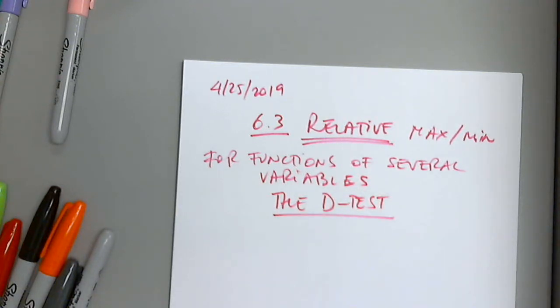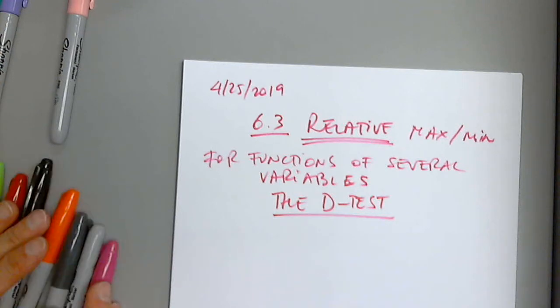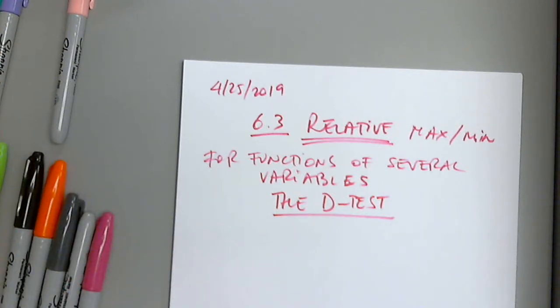And this is going to be the last topic of this course. And we're going to slowly go over the steps of the D test. So let's start with the problem and then a word problem, and see how we determine max min for functions of several variables. Okay, so on page 547, let's say we start with problem 10.